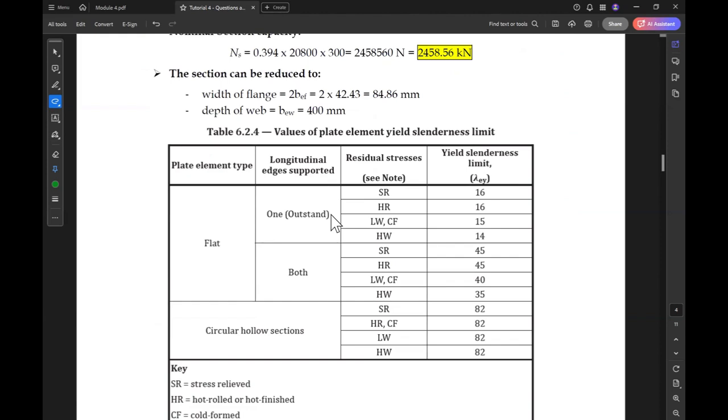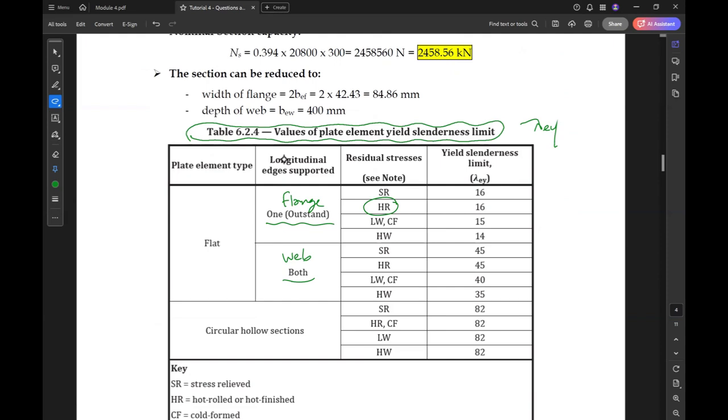So if we go to here, values of the yield slenderness limits, lambda ey. So we have one for flange, both for welded, or hot rolled.